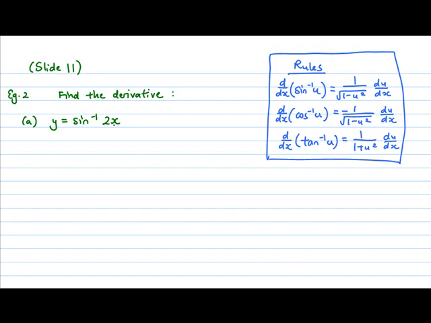Differentiate this. Now, in this case, if I were to compare this question with the formula here, I will imagine this is like the u. So if I were to differentiate this, dy/dx will be equal to 1 over square root of 1 minus u squared.